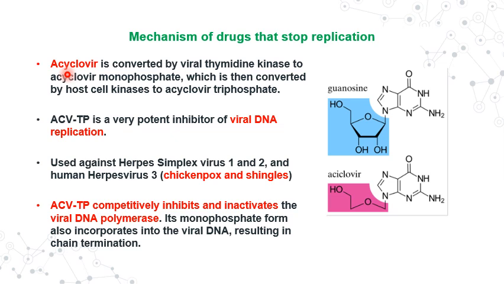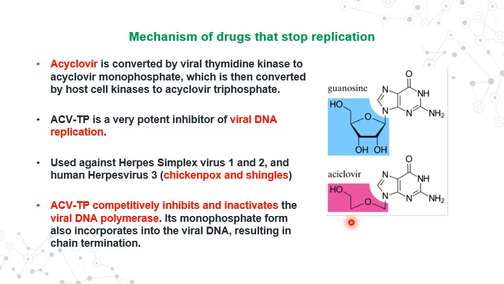Okay, so when you look at the structure of acyclovir, it has a guanine, a purine, right there. It doesn't have the sugar ring right there. So this thing is without the circle, without the sugar ring structure. Okay, but it has a leaving group right here. Okay, so what is happening here?